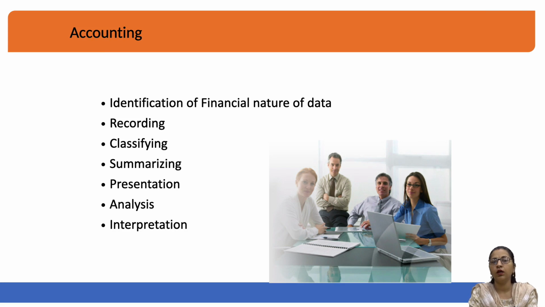When we talk about accounting, we talk about recording of data. We talk about classification of certain accounts. We talk about how to summarize the results of a particular company in a significant manner. We also say that whatever transactions are in terms of money will go to the books of accounts.